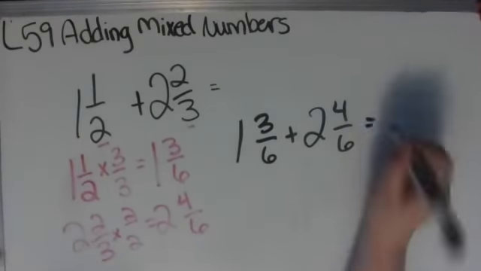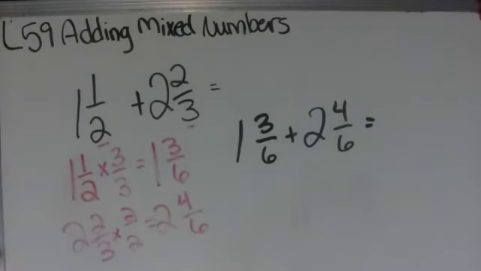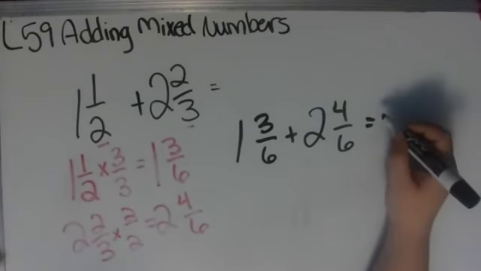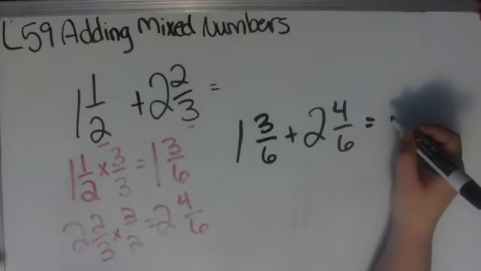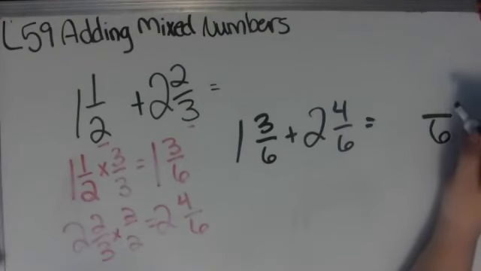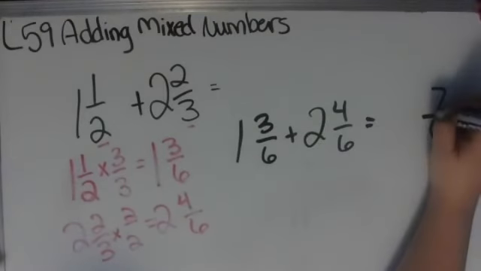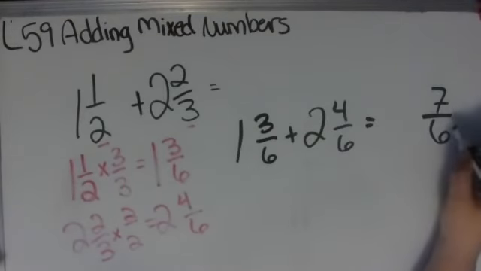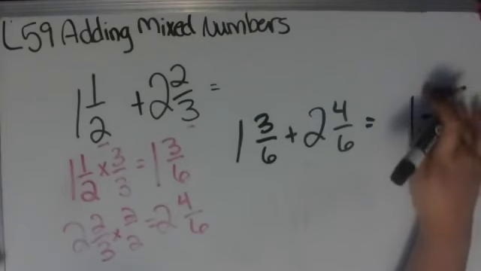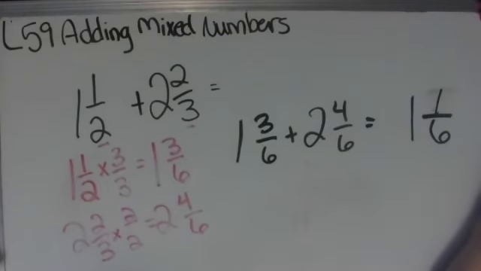So let's do 1 3/6 plus 2 4/6. We're going to start with the fractions. 6 just comes straight over. 3 and 4 is 7. Right off the bat, you can see that 7 is bigger than 6, which means this is actually a whole with 1 left over.